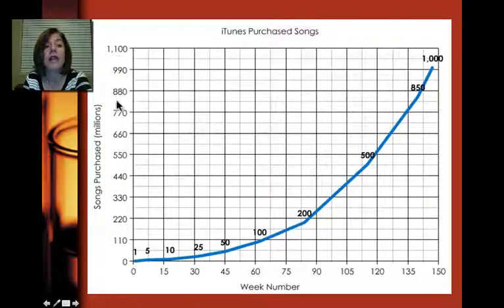It would also have the increments on both axes, and these increments would be divided in equal increments, or equal units. So you'll notice down at the bottom it goes by 15s, and here on the y-axis it goes in increments of 110. So what this is doing is it's taking from time 0, week 0, and it's counting continually what's happening to the iTunes purchases.